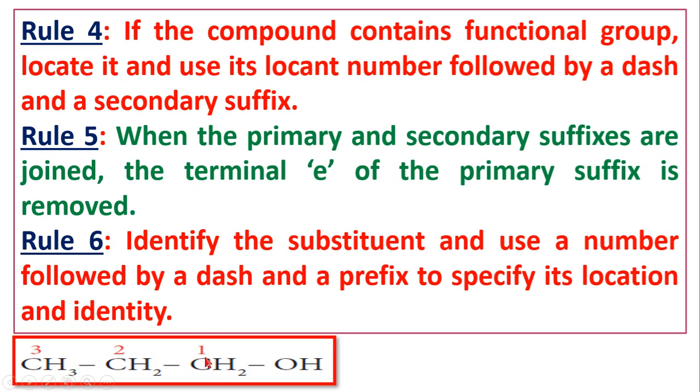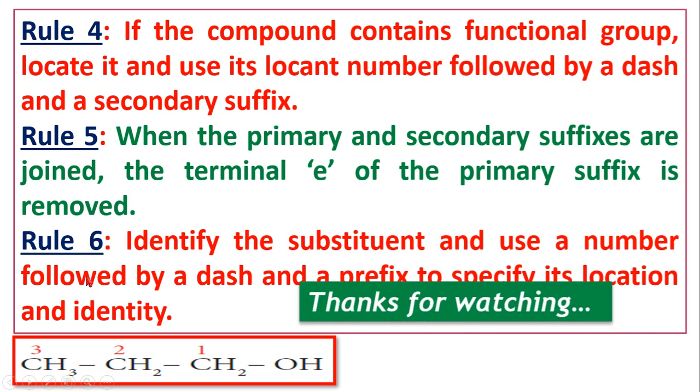But you mention the number followed by a dash and a prefix. The first carbon, a methyl group is present means you mention 1-methyl to specify its location and identity. So these are the 6 rules to write the IUPAC name of a compound. Thank you, students.